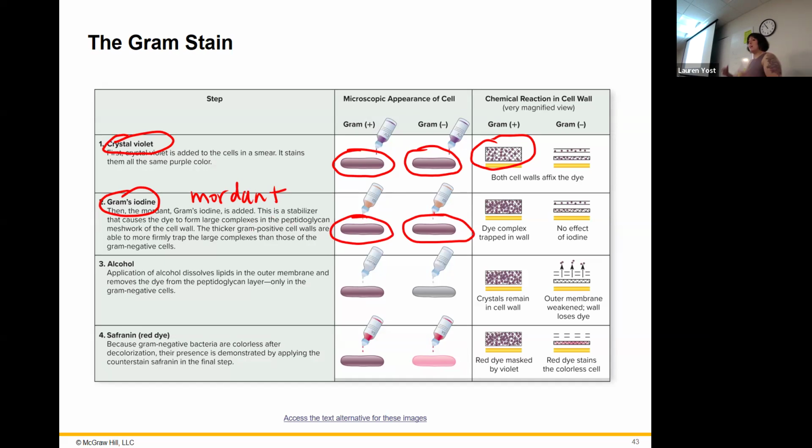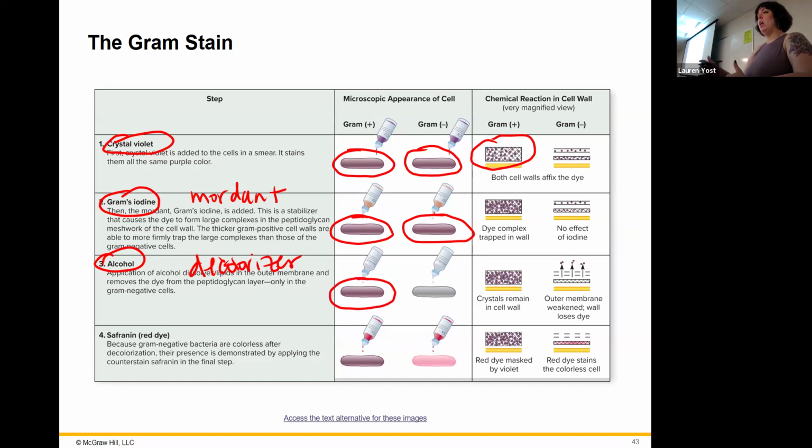But now that we have fixed it in place, we should be able to rinse it with alcohol. So alcohol is our decolorizer. We add alcohol to these cells. We have locked crystal violet in place with our iodine. It is not going anywhere even when alcohol is there.